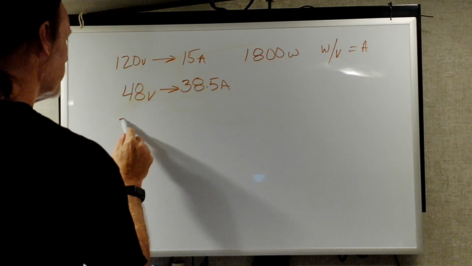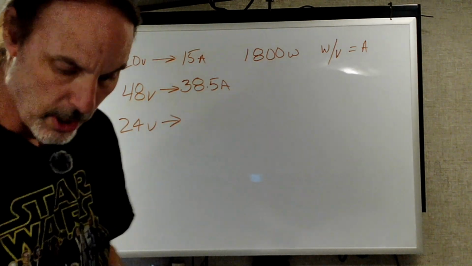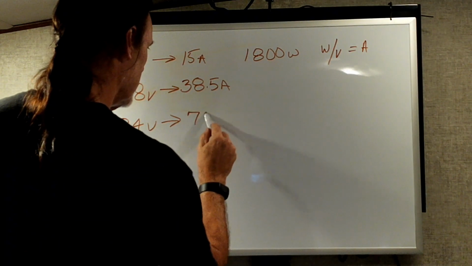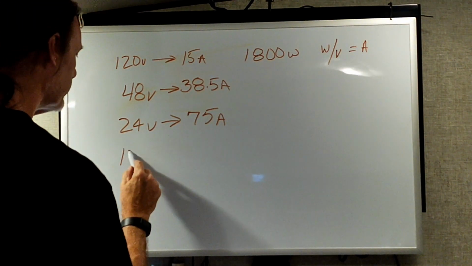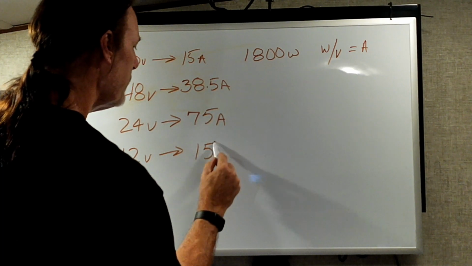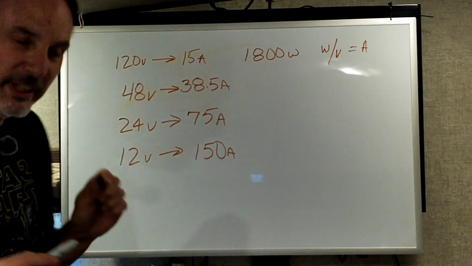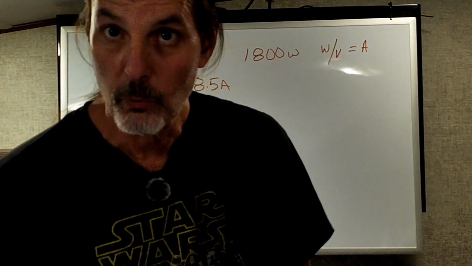And with a 24 volt system, you want the same amount of power, but you're going to need to pull 75 amps. And with a 12 volt system, you need to pull 150 amps. These numbers become very significant later when we start looking at batteries and we start looking at cables and wires.